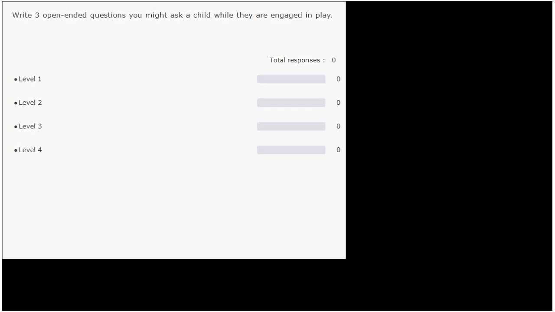Question number 1. If you are asked to write 3 open-ended questions you might ask a child while they are engaged in play, what level of evaluation question is this?